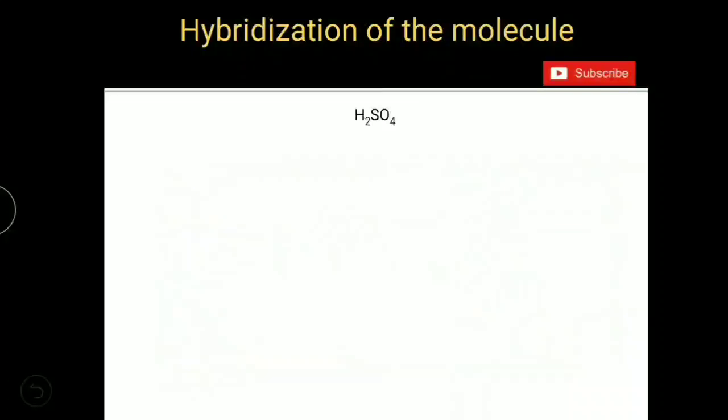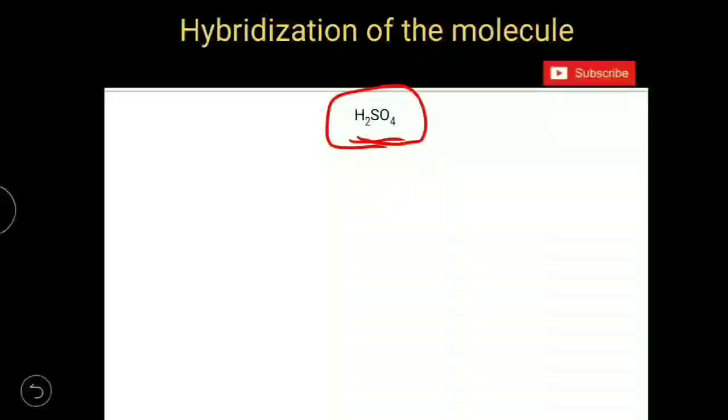Let us find out hybridization of sulfur atom in H2SO4. For that we need how many number of sigma bonds are formed by sulfur. To get number of sigma bonds, first we need to see how many atoms are directly bonded to sulfur. And we know that H2SO4 is an acid and acids contain H+ ions.